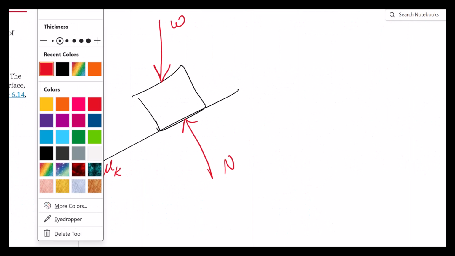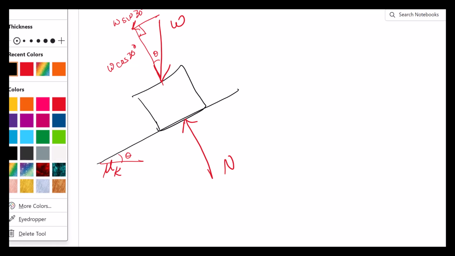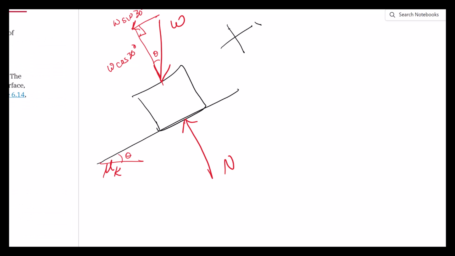Yeah. So if this here is at 30 degrees or some angle, and then this angle here, you've got W sine 30 and W cosine 30, if you look at it from the perspective of this unit system.